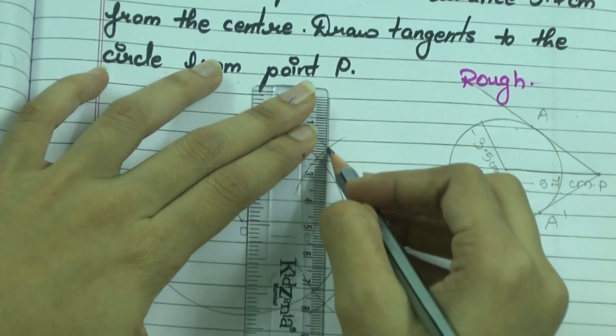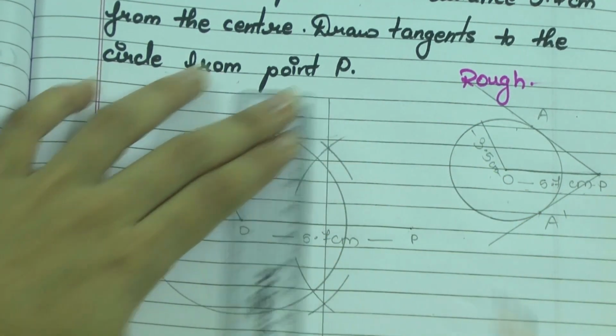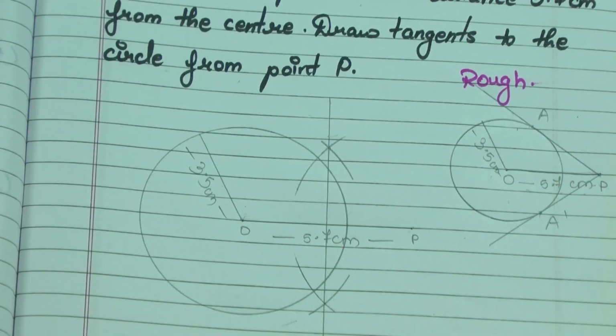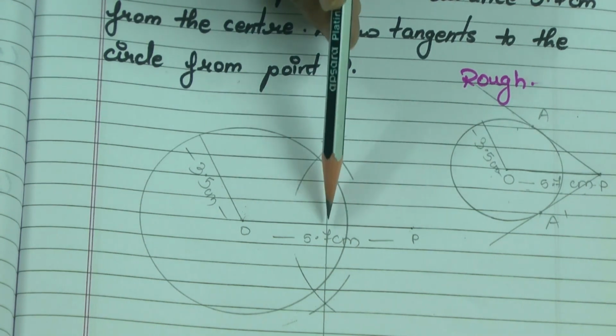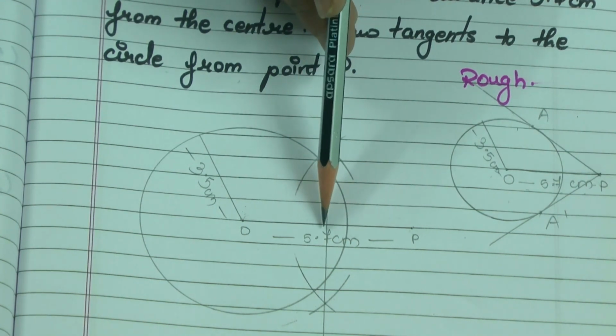Join them. After this, wherever this perpendicular line is cutting OP, mark it as the center of the next circle.